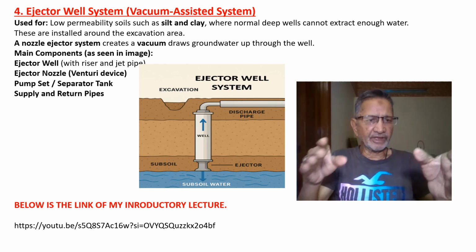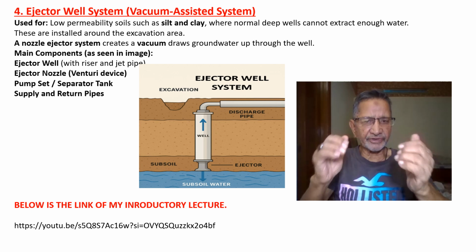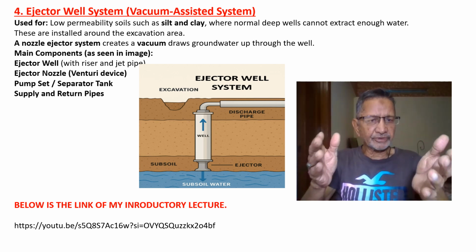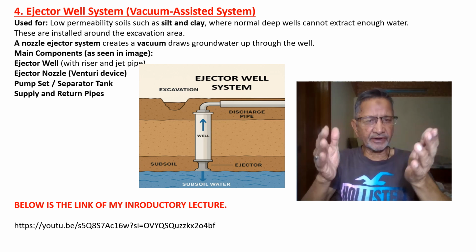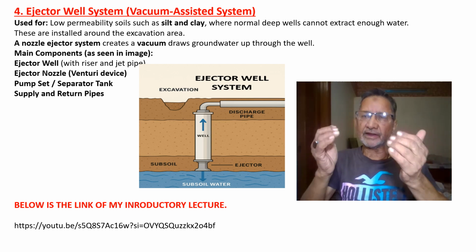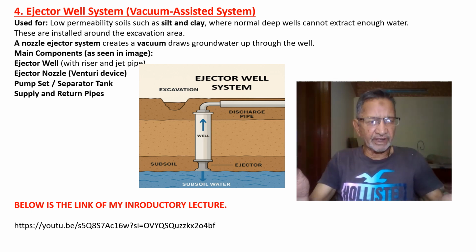In this slide, we are going to discuss the ejector well system, or vacuum assisted system. It is used in low permeable soil such as silt and clay, where a normal deep well cannot extract enough water. These are installed around the excavated area.